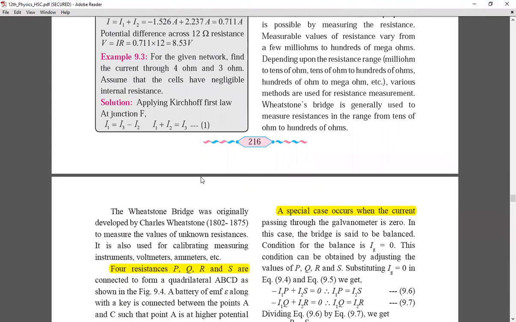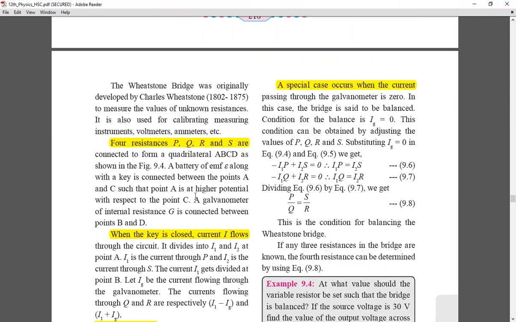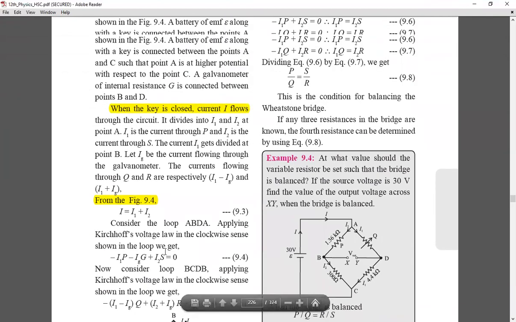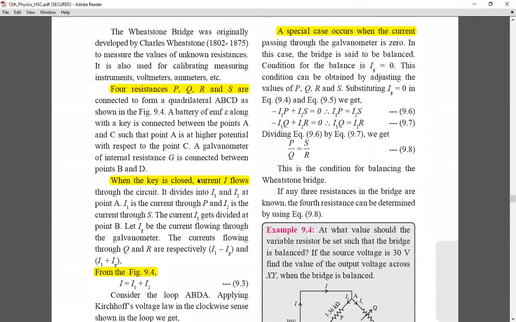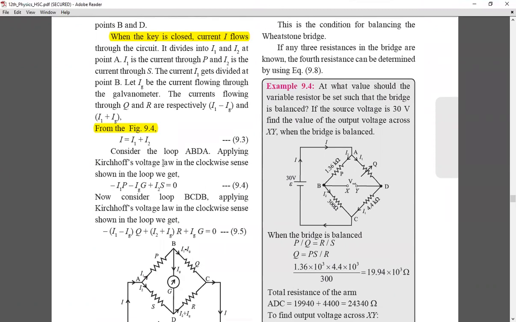It is based on the null condition of the galvanometer, as the three known resistances are chosen such that the potential at point B and the potential at point D, or the branch where the galvanometer is connected, has zero potential difference across that branch. It is a maximum 3 marks question, and the derivation of this balancing condition is also asked for 3 marks. Problems of 2 marks and 3 marks are asked in this topic.